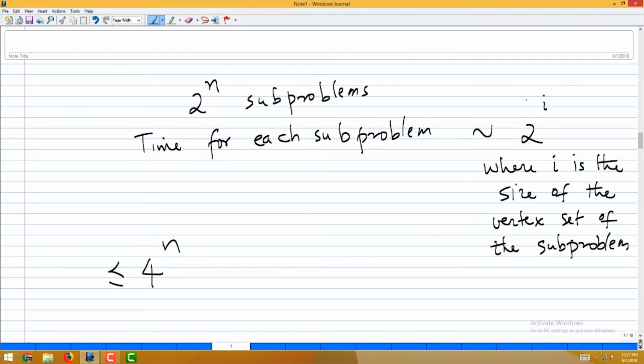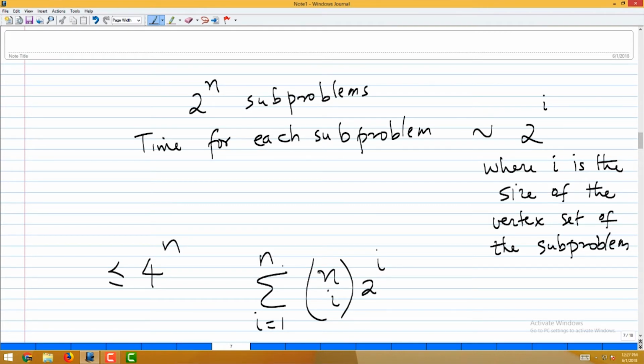It is not 2 power n for every subset. If your subset size is i, then it is 2 power i. If you are working with problems of vertex set of size i, it is actually only 2 power i. How many vertex sets of size i are there in your whole graph? n choose i. So, for n choose i problems, it only takes 2 power i, and you sum it over all i.